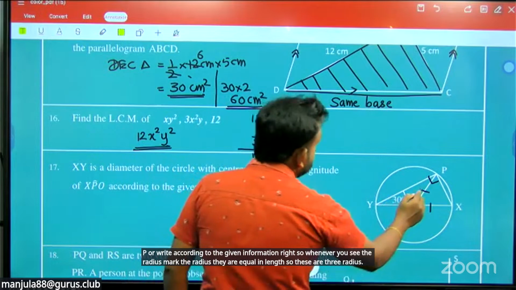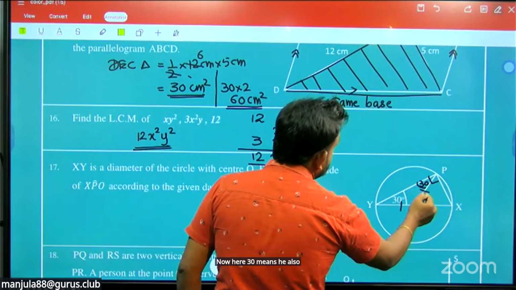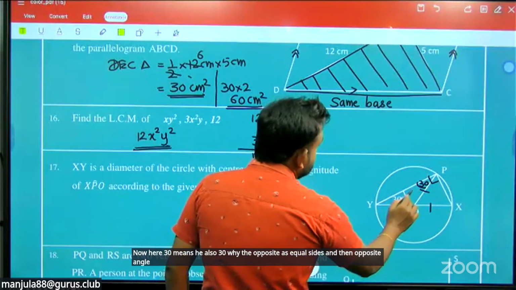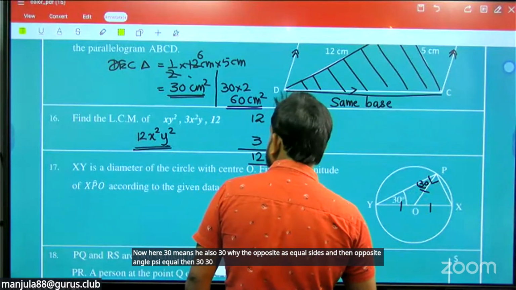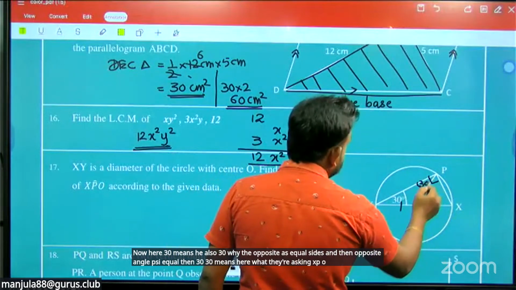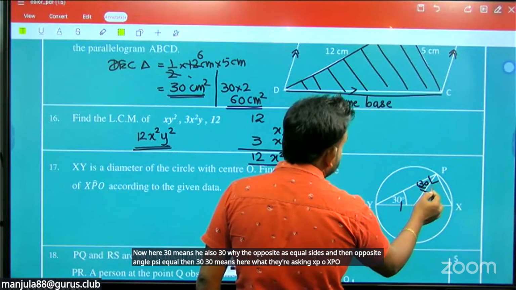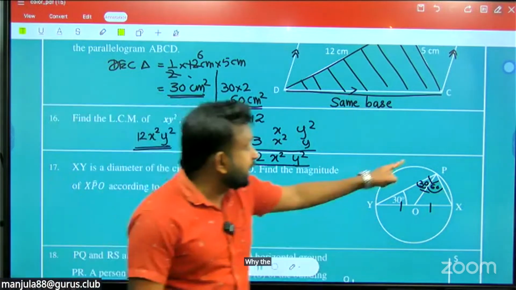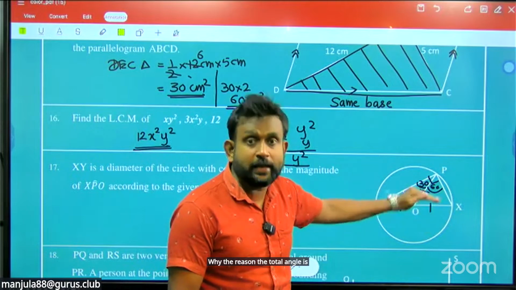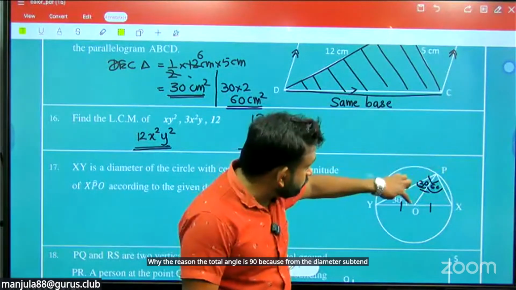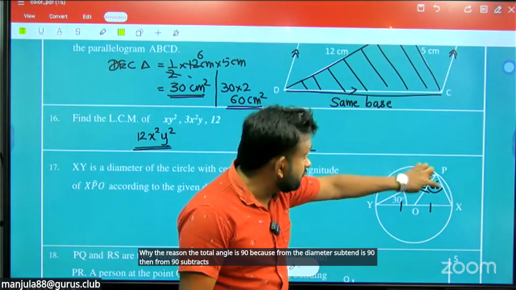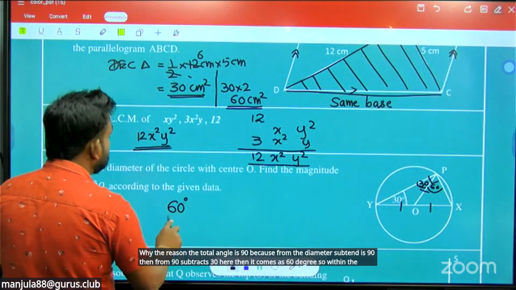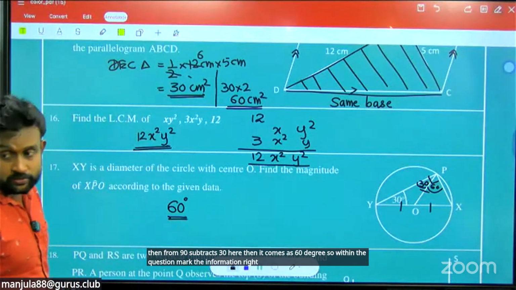Now here 30 means here also 30. Why? Opposite equal sides have equal opposite angles. Then 30 means here, what they are asking, XPO, just directly, here 30 means here should be 60 degrees. Why the reason? The total angle is 90 because the angle subtended by the diameter is 90. Then from 90 subtract 30, then it comes as 60 degrees. So within the question, mark the information, right? So these would be the steps.